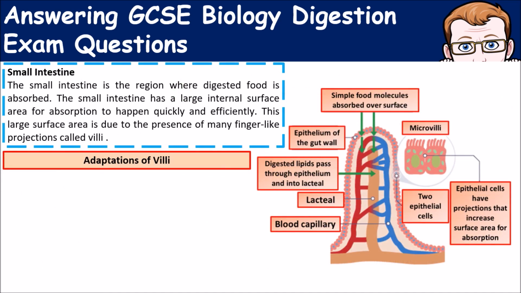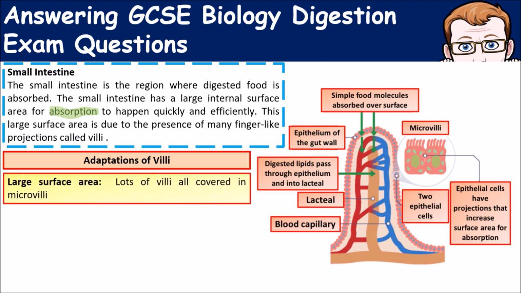The next part of the question focuses on the small intestine and the villi in particular. The small intestine is the main region where absorption takes place, so we need to be aware of the adaptations of the villi. There are lots of them, so a very large surface area.